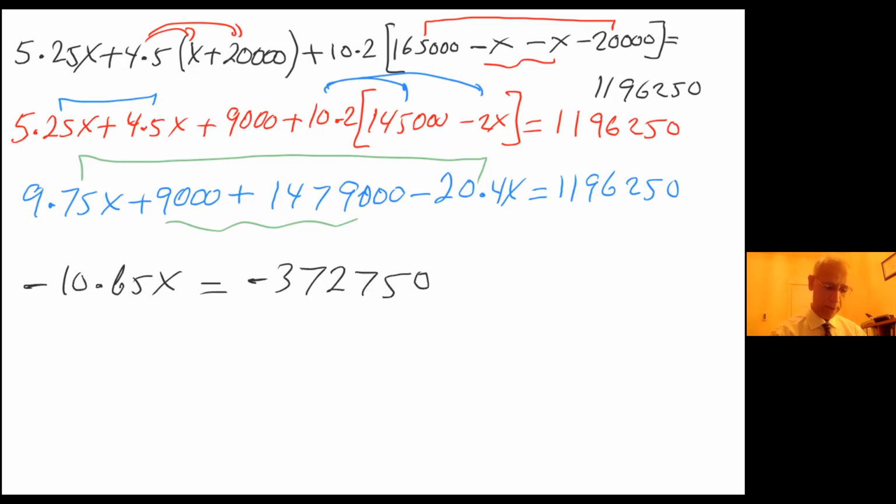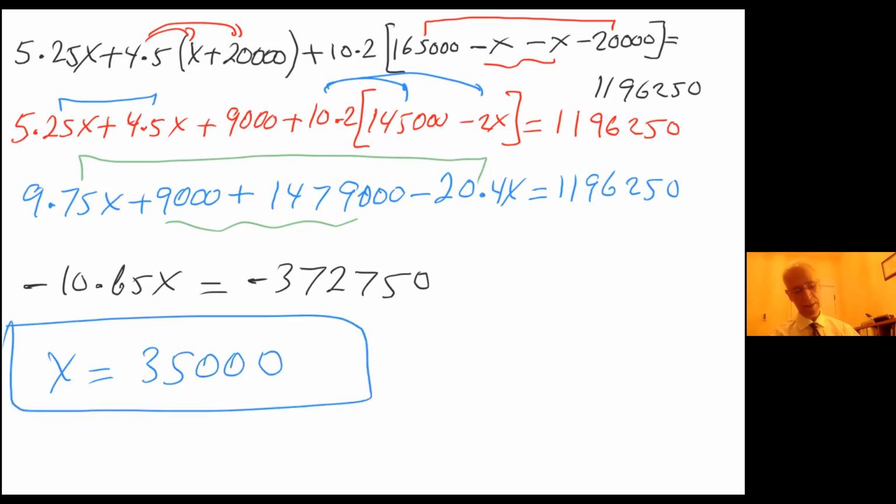Dividing both sides by negative 10.65 gives me x equals 35,000. So now we found that x equals 35,000.